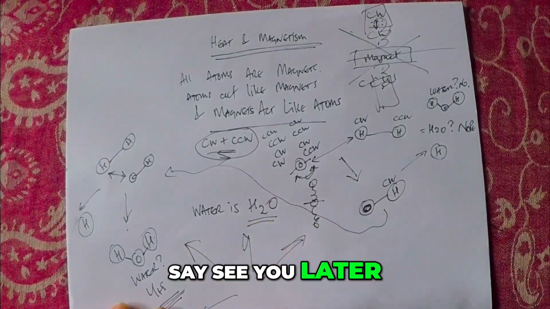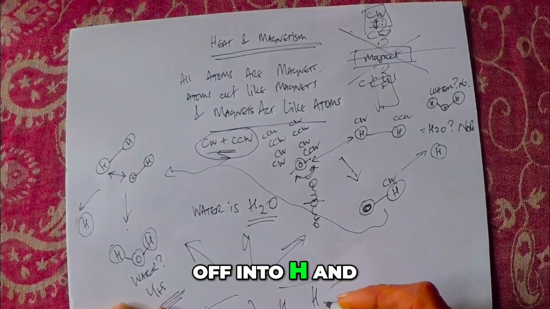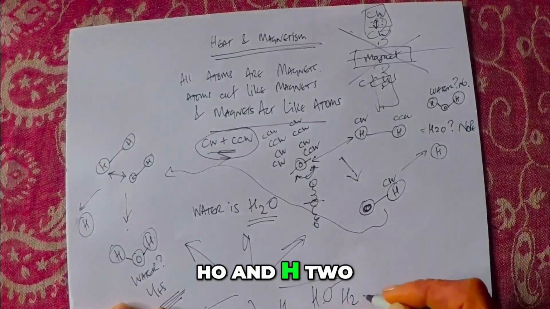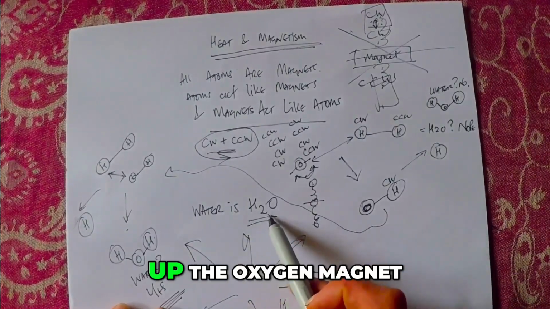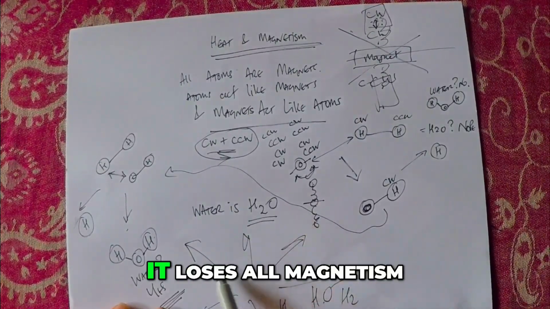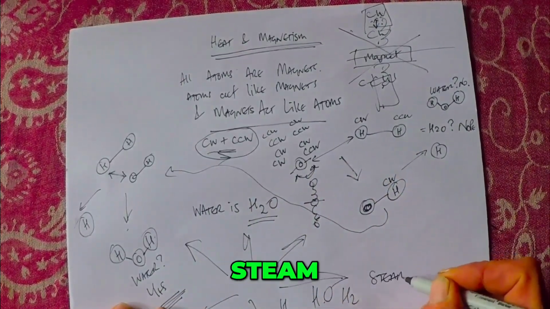They say, see you later, and they all fly off into H and HO and H2 and O. Basically, when you heat up the oxygen magnet, it loses all magnetism and turns into steam.